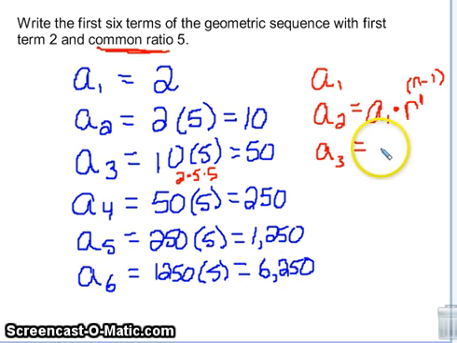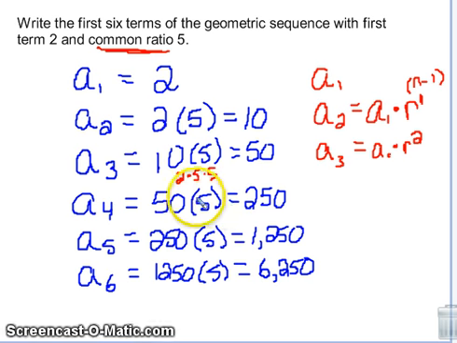So that's actually an a sub 1 times r squared, which is our formula of a sub 1 times r to the n minus 1.